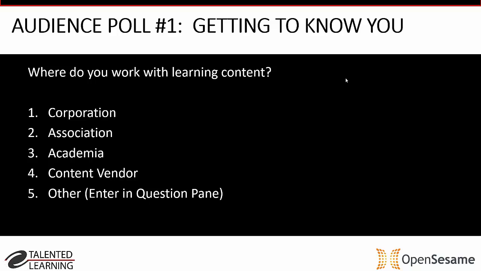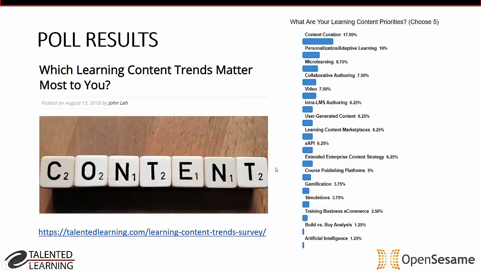So, all right, let's go ahead and close that, and we'll take a look. Here's the poll that I was talking about. If you go to Talented Learning, we left it open. We're going to leave it open all the way till November, and then we'll sum it up and provide the final results.